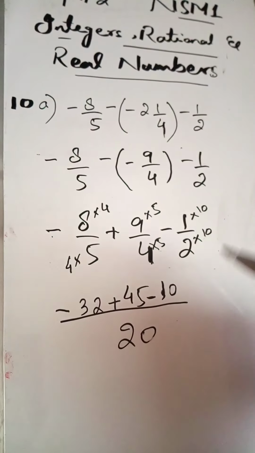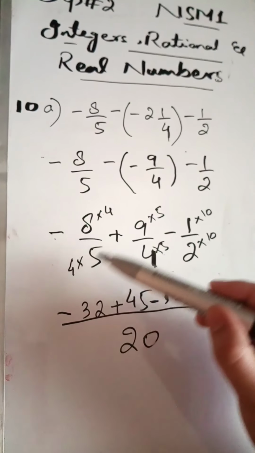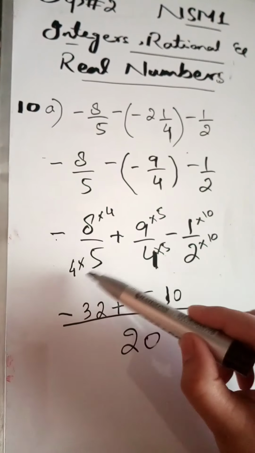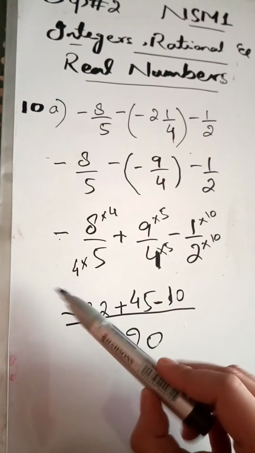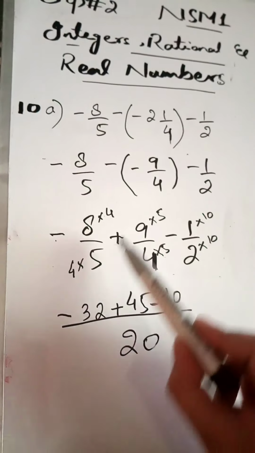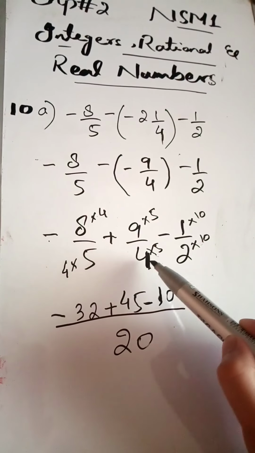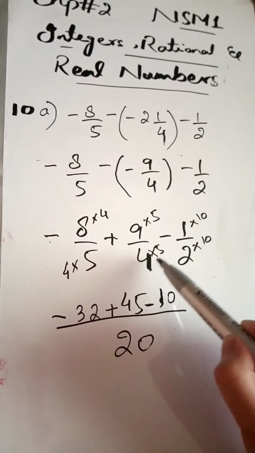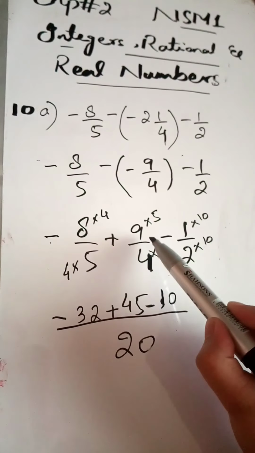Here students, you can observe that whichever number we multiply the denominator by, that number is multiplied in the numerator. As here we multiply the denominator with 4, so in the numerator also multiply with 4 of that fraction. Same in the next fraction, we multiply the denominator with 5, so we multiply 5 also with the numerator of that fraction.